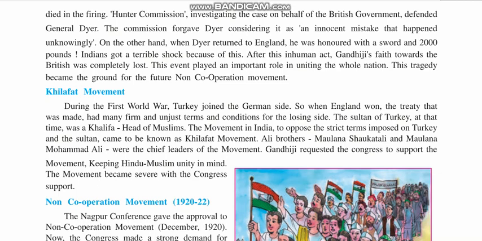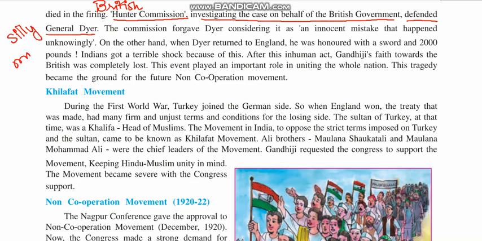What was more humiliating was the Hunter Commission. It was a commission which was appointed by the British to investigate the case, and on behalf of the British government, it defended General Dyer. They said that General Dyer had done this unknowingly. It was a silly mistake of General Dyer.